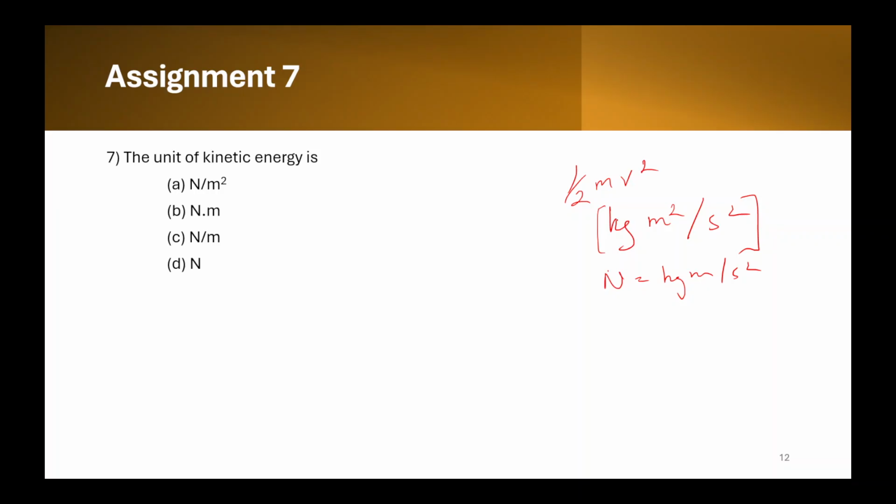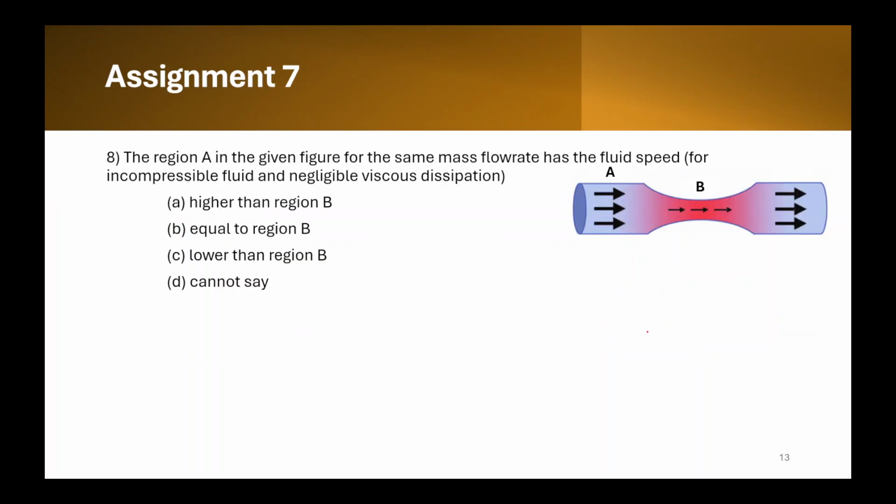So this is Newton, and one more meter will give us kg meter square per second square. So the correct answer here is the B part, Newton meter, or you can write it as joule.